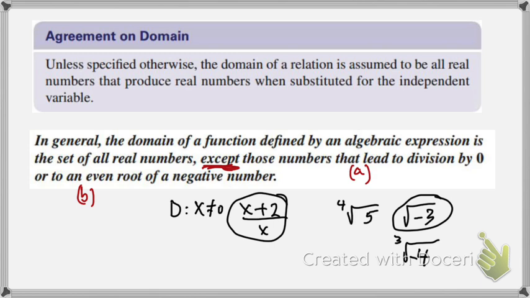On the other hand, look at my last example here. The cube root of negative 4. Is that okay? Yeah. What's the cube root of negative 64? Negative 4. Thank you.